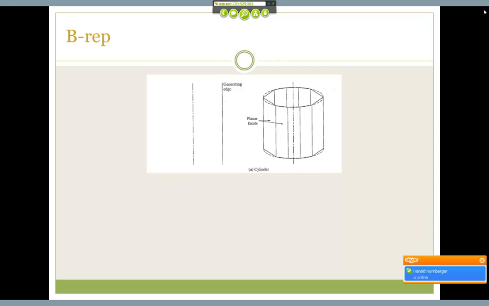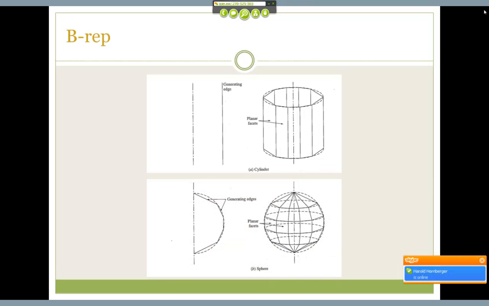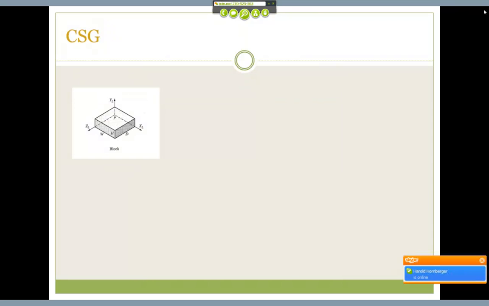It's faster to do that. And when you zoom in, it'll correct and make it look smooth again. Okay. So this is just a couple of examples of a cone and a sphere that is a BREP representation, but it's driven back to the mathematics that we've been talking about.